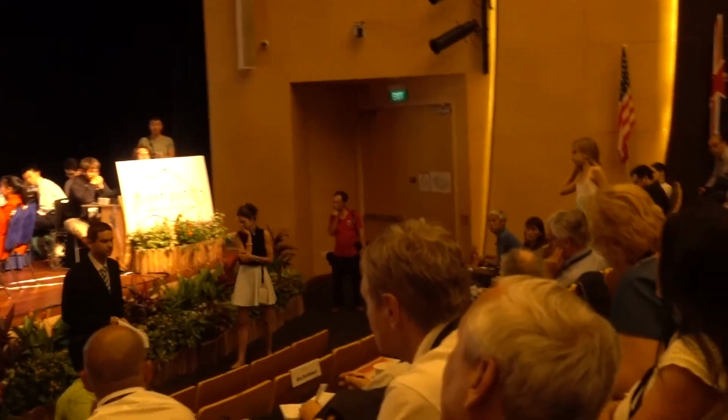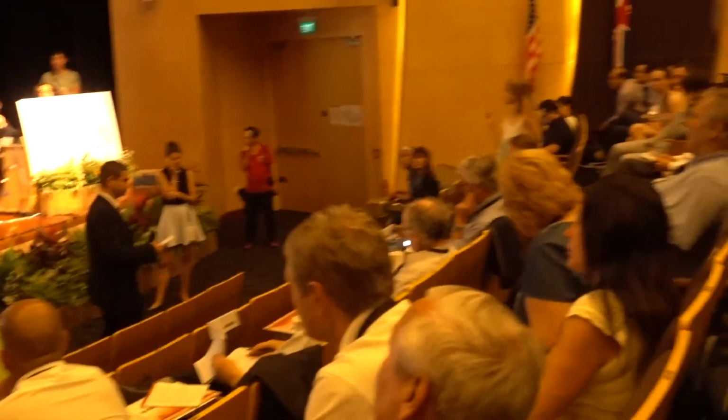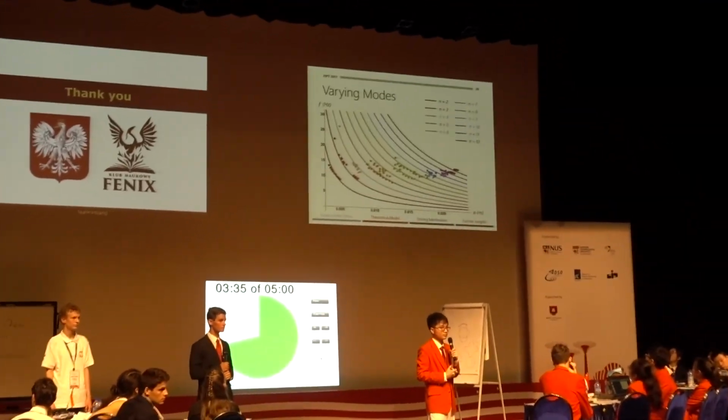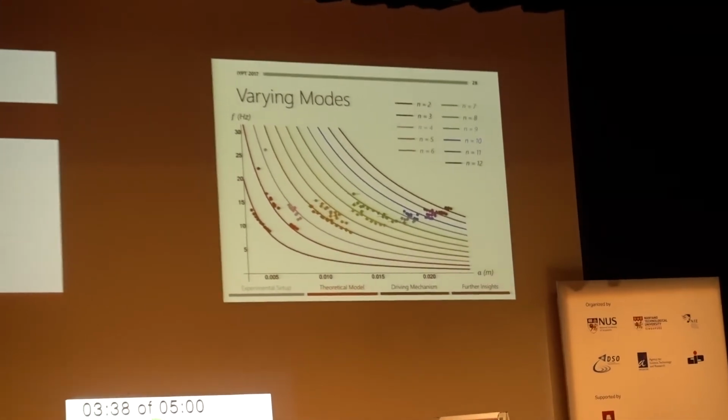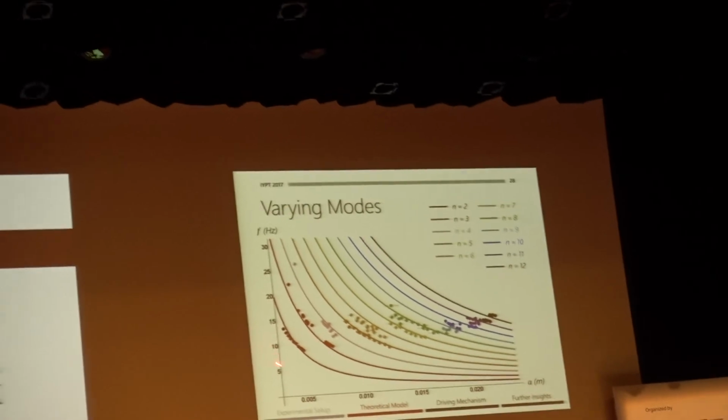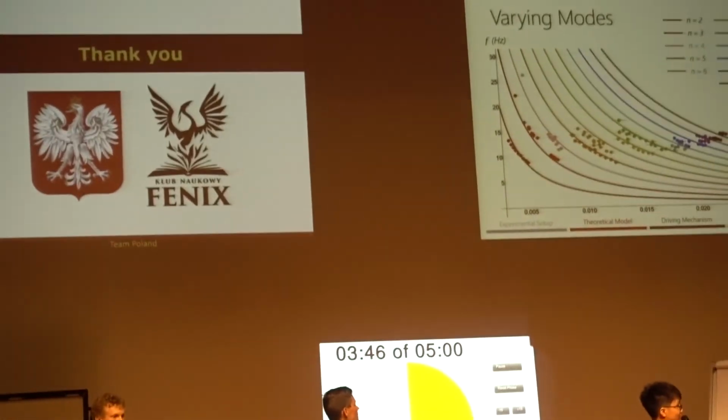John, you had a question? Yes, on slide 28. Looking at the n=2 curve, it doesn't seem to fit with your experimental theory. Can you account for that? This is because of the over-prediction for very small drop sizes.